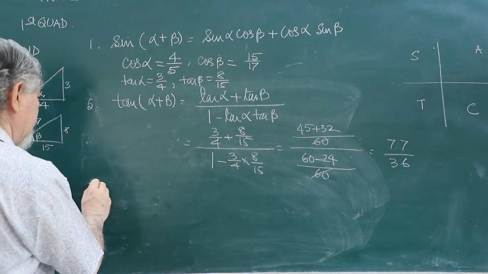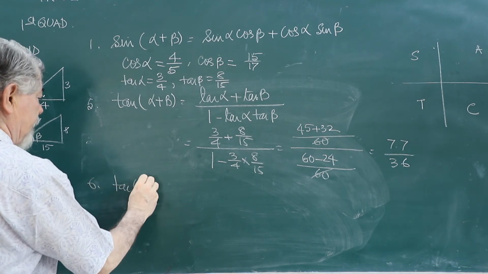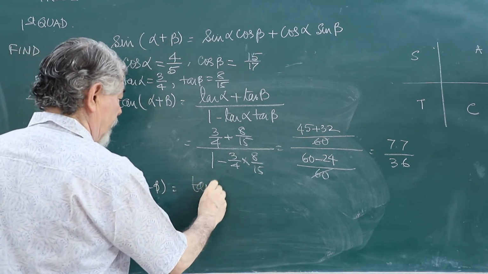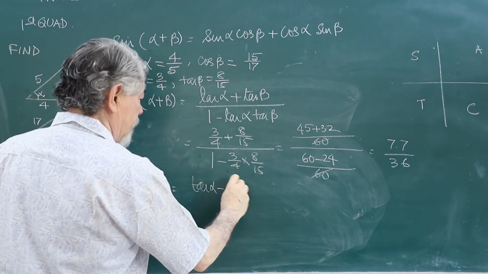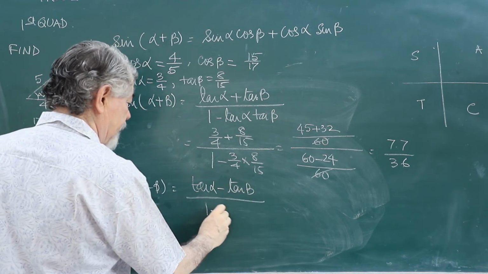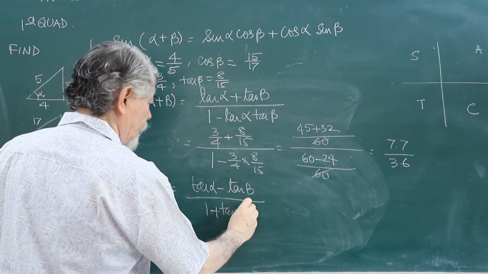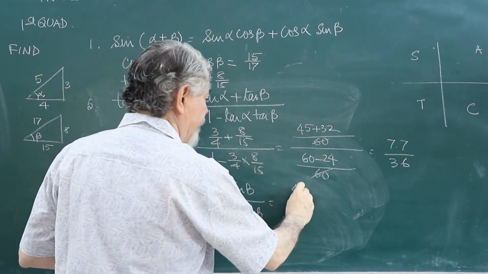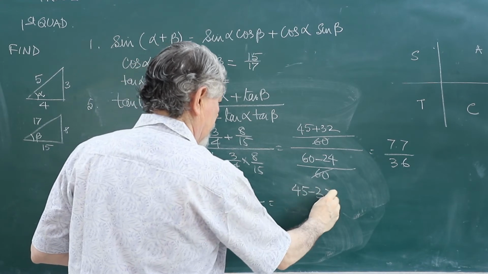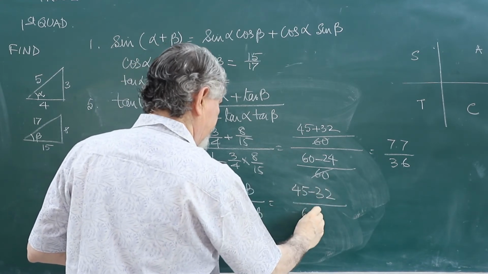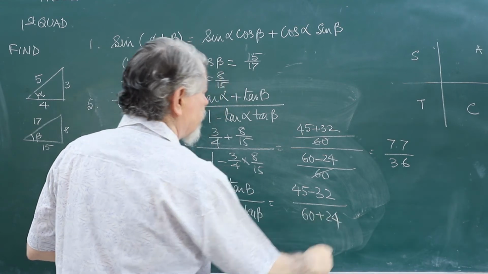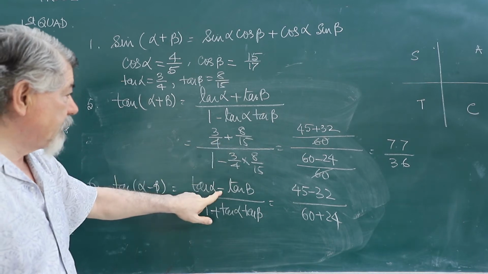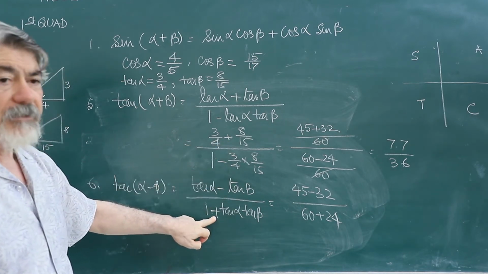Now the 6th one is tan(alpha minus beta). Tan(alpha minus beta) means tan alpha minus tan beta upon 1 plus tan alpha tan beta. The only thing is the signs will change here. It will become 45 minus 32 here, and it will become 60 plus 24. 60 will cancel, the values will be the same, except here it was plus, it has become minus, and here it was minus, it has become plus.